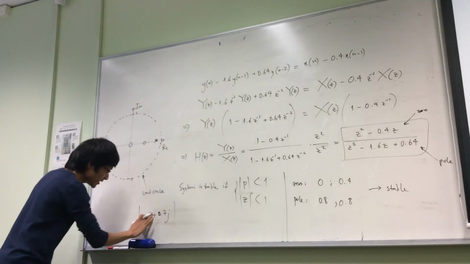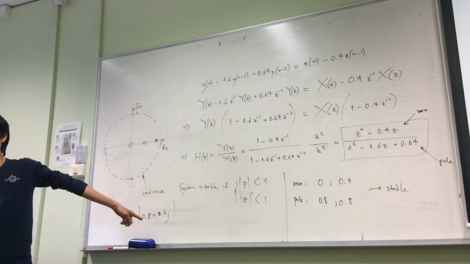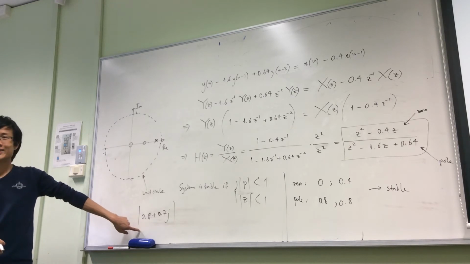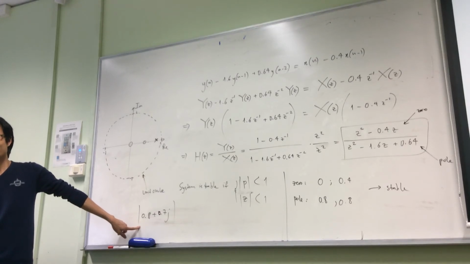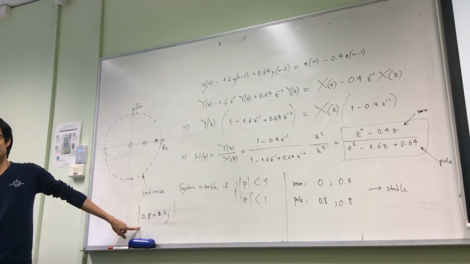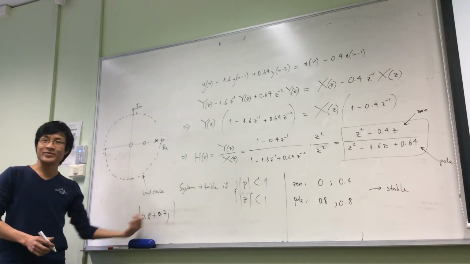So if you got something like 0.8 plus 0.7j, the absolute value is 1.06. So don't just look at the real part alone.